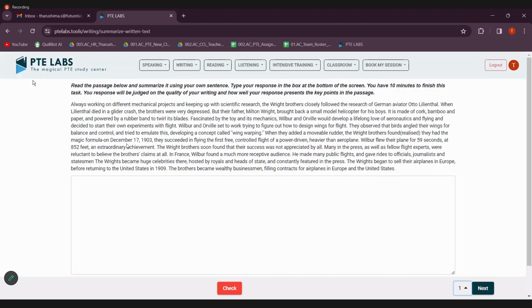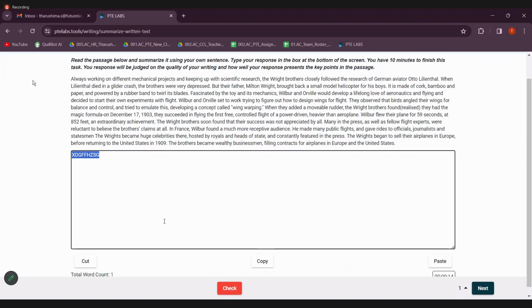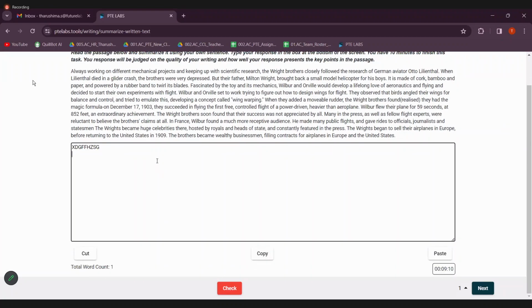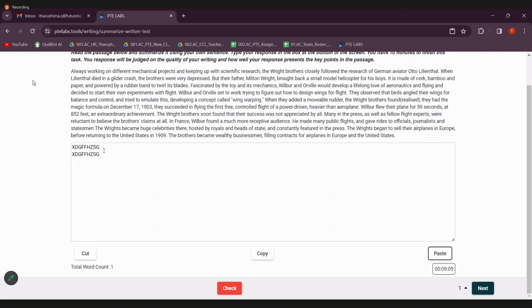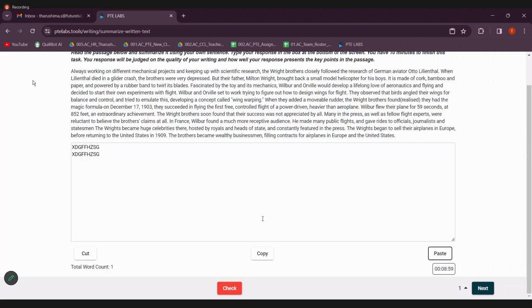So here, as always, you can cut, copy, paste anything within this box. If you see this, we can copy, and then we can paste them, and also you can cut and paste them. So you can use these functions, but you can't use your keyboard shortcuts.